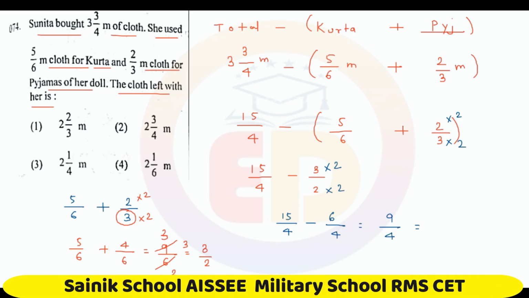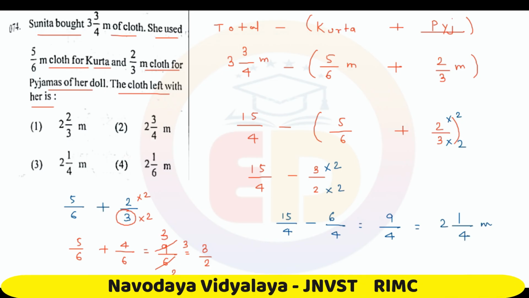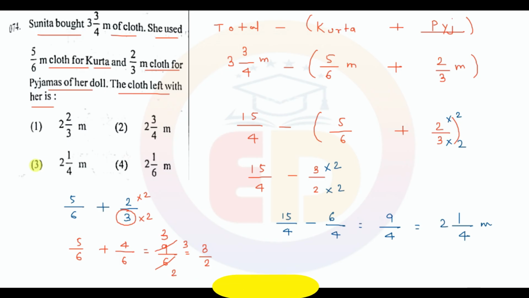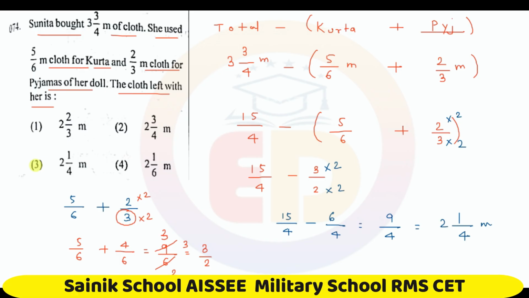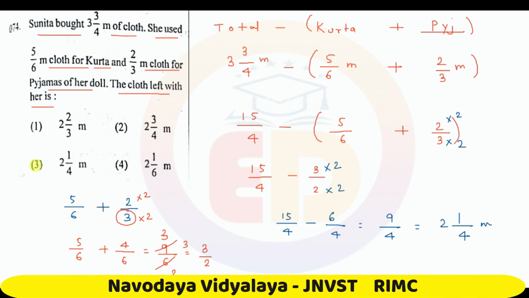Converting into mixed fraction, it's 2 whole 1 by 4 meters. Answer is option 3. Simple questions. You could have also done this complete operation together. You will get the same answer.